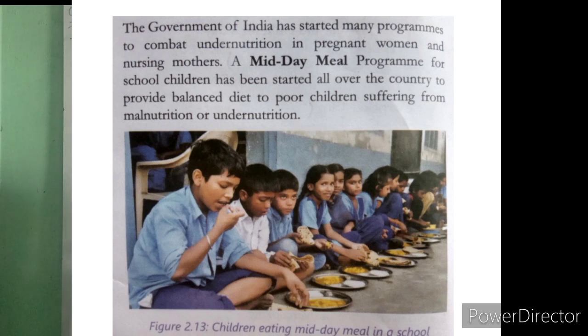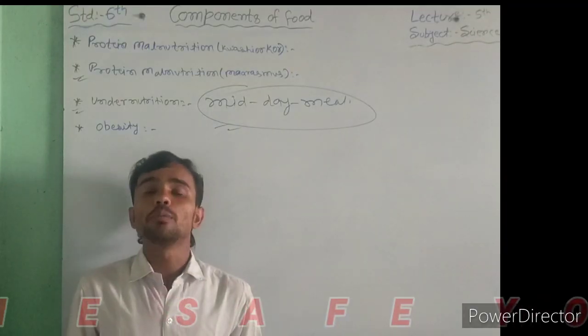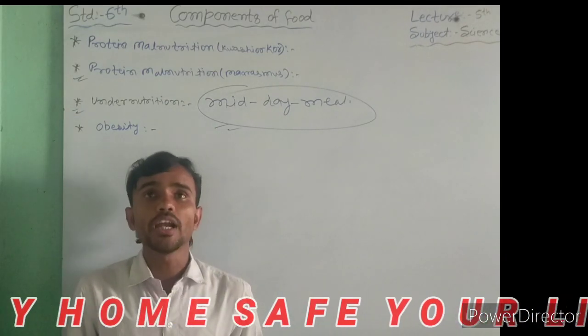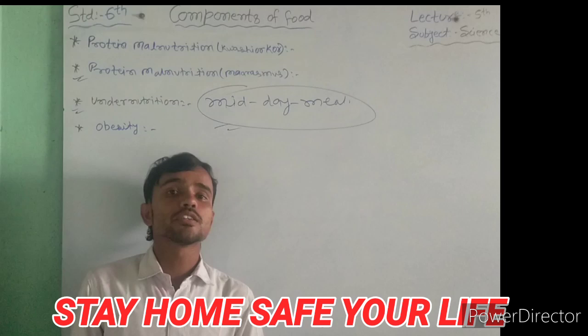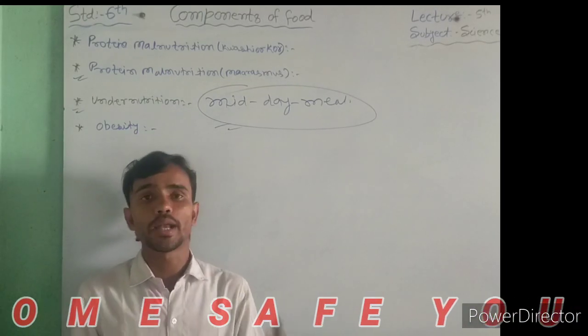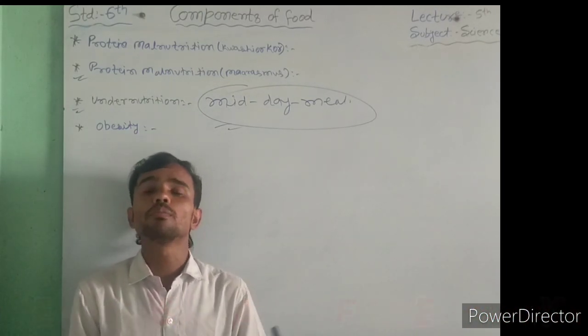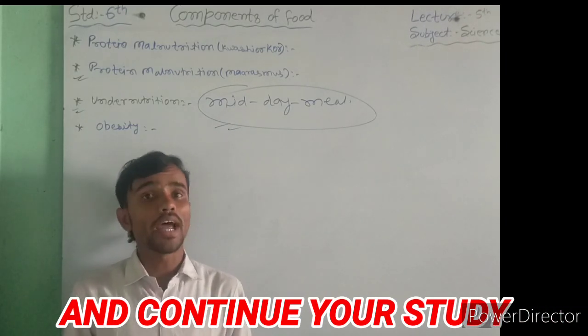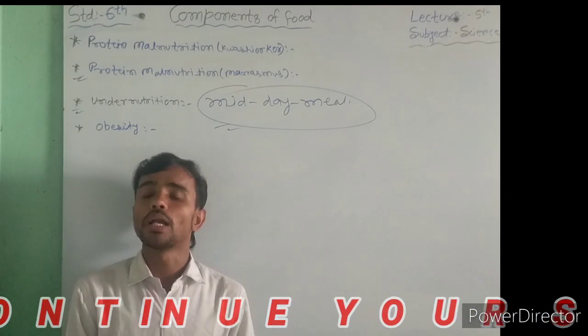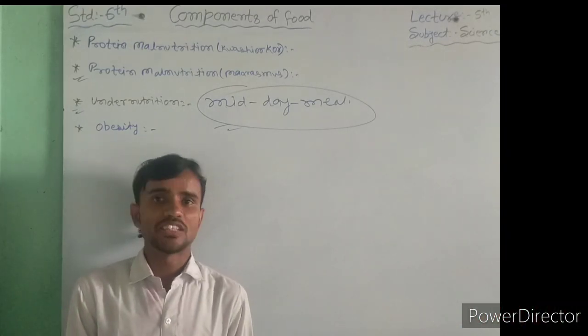This program is held by the Bihar government and all governments for students suffering from undernutrition and malnutrition, from poor family conditions. So the midday meal program is provided by the government in every school.